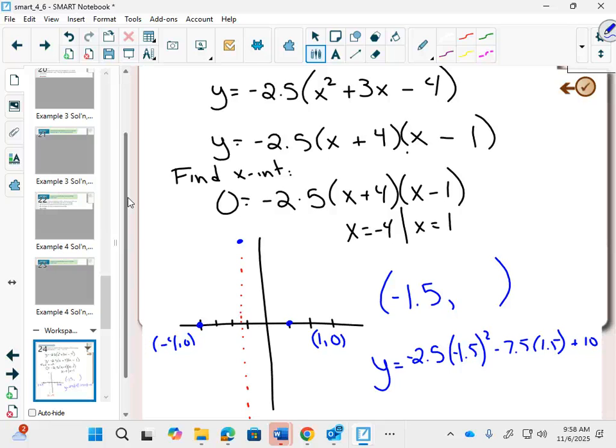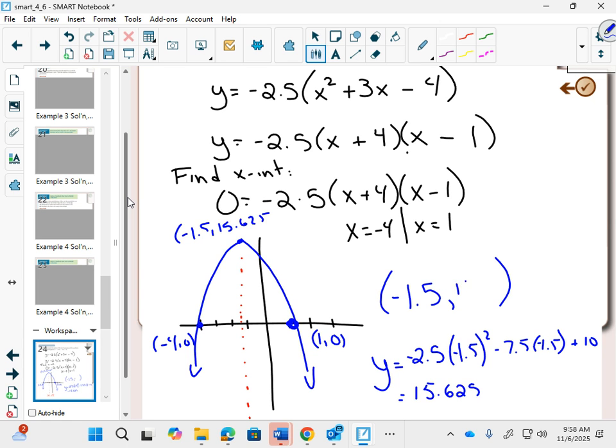And I forgot the negative sign there. 15.625. So this point here is at -1.5, comma 15.625, and with that I have enough, perfect, to go and draw my parabola. So, circle questions 3, 4, and 5, and try some of those right now.